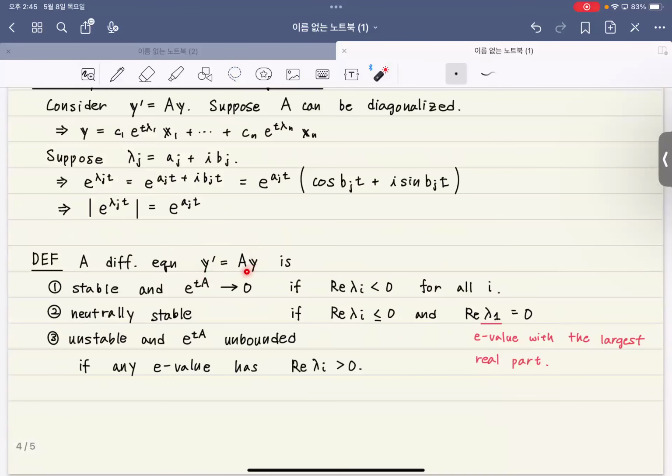For any given system of differential equations, y prime equals A times y, can you figure out the stability of your differential equation without solving it? If the size of A is small enough, then maybe yes.